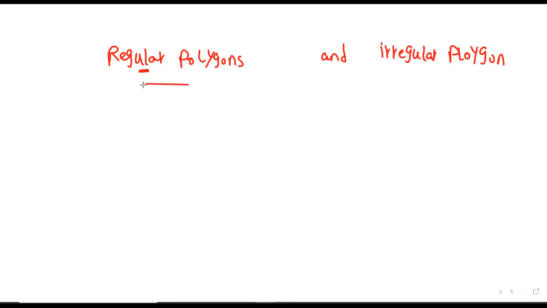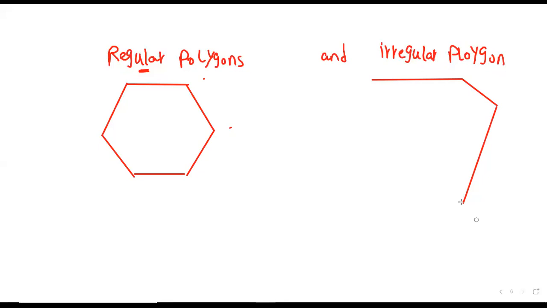So there is a big difference between the regular hexagon and the irregular hexagon. The irregular hexagon is the hexagon of 6 sides in general: 1, 2, 3, 4, 5, 6.